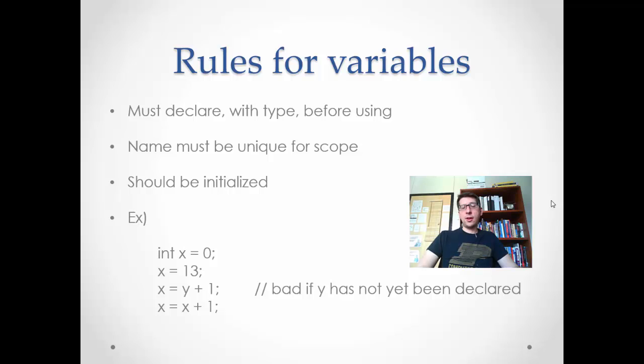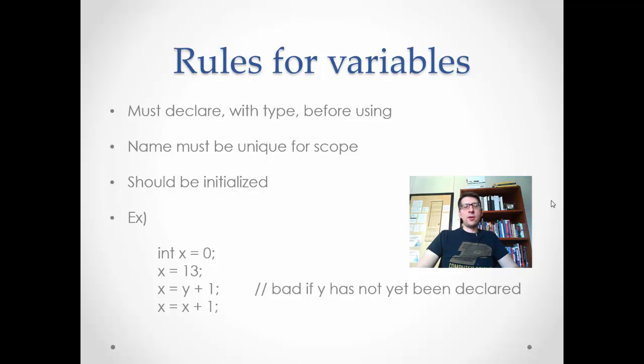Lastly, it'll store the result of that expression's evaluation into x. Now, you'll notice I put a little comment there at the end that says bad if y has not yet been declared. And I didn't write that, so I wanted to make sure that you understood that if we haven't declared a variable called y, that statement won't compile because it hasn't seen that variable yet.